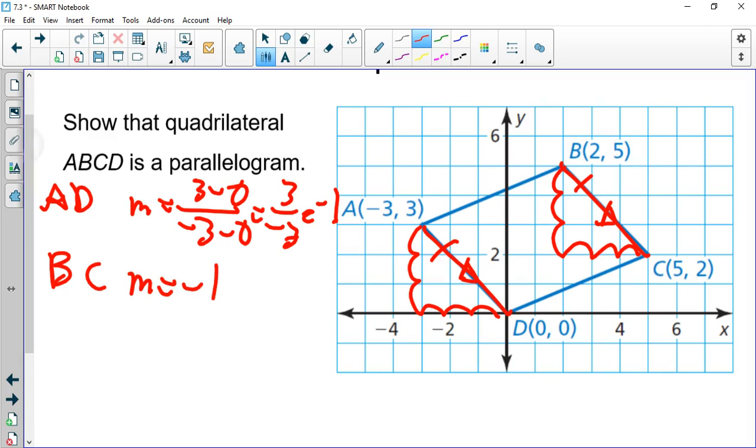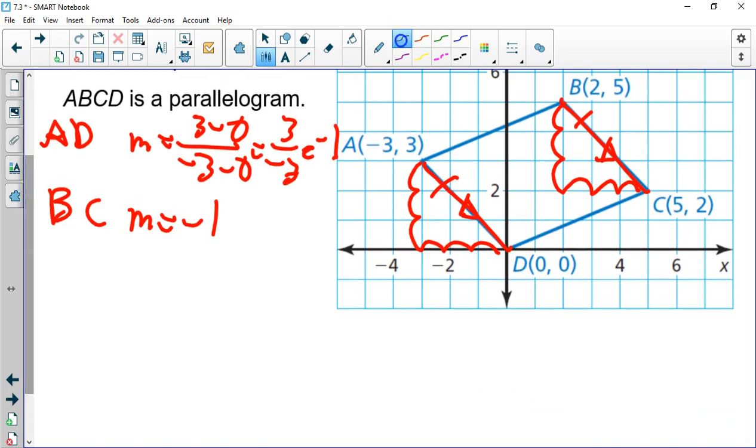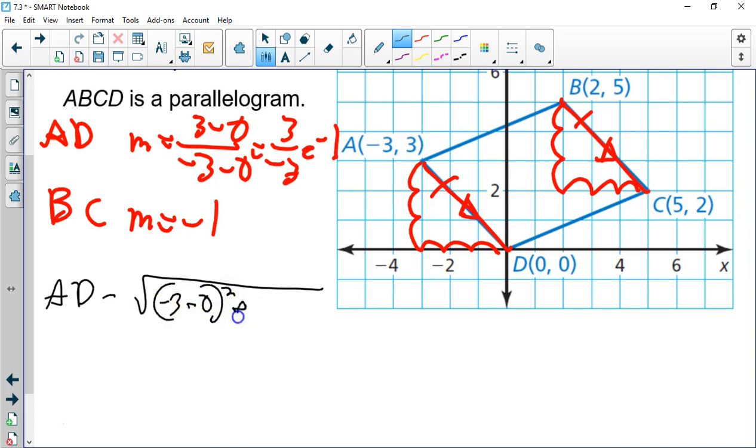And this is the last part. Okay? So the last part, I have to do that distance formula. So for AD, I'm going to do the square root of x minus x squared plus y minus y squared.